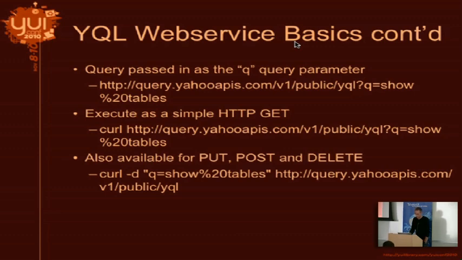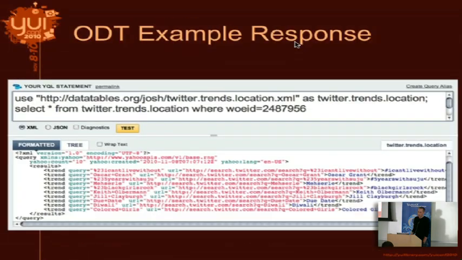Okay, so now we got some details out of the way. So this table that we just created, let's run this thing. I know I mentioned that we want the Twitter trending data, and we want it from San Francisco. Well, I cheated. I know what the WOEID is for San Francisco.